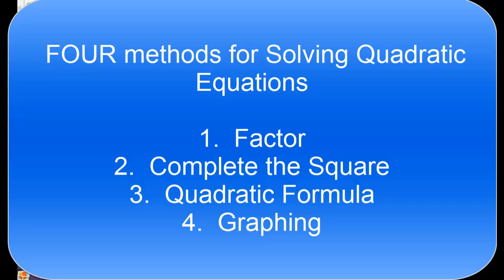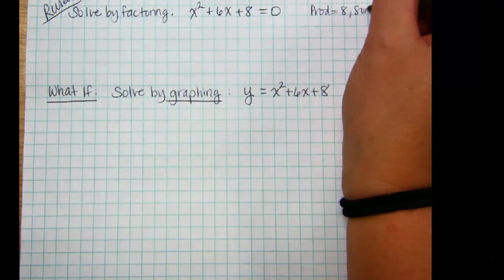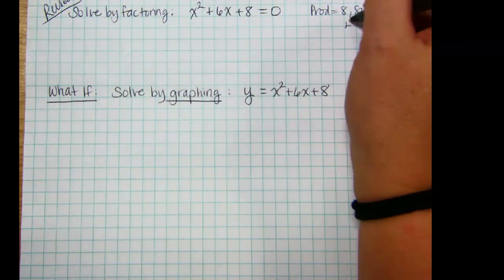So I want to start out with you looking at a problem that we've done before. So on a piece of paper, let's look at solving this problem by factoring. x squared plus 6x plus 8 equals 0. So I'm looking for a product of 8 and a sum of 6. And those numbers are 4 and 2.